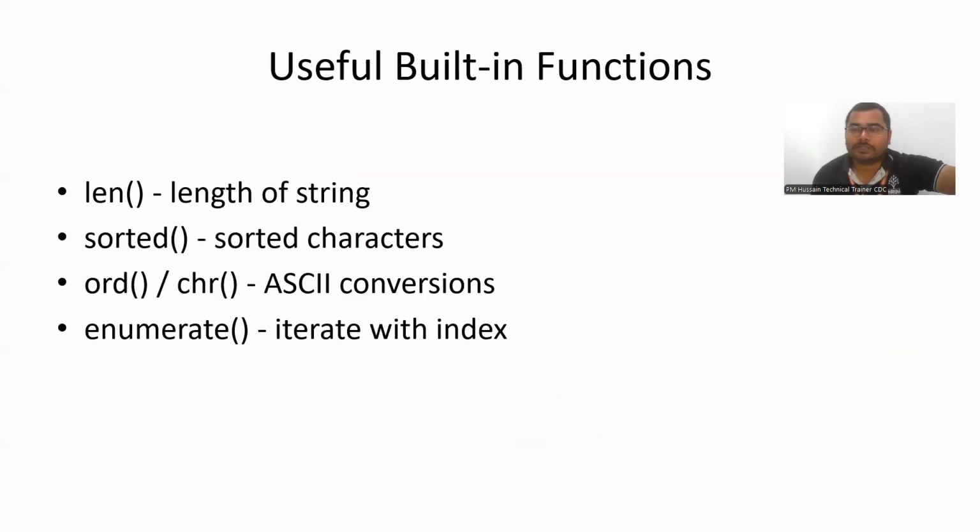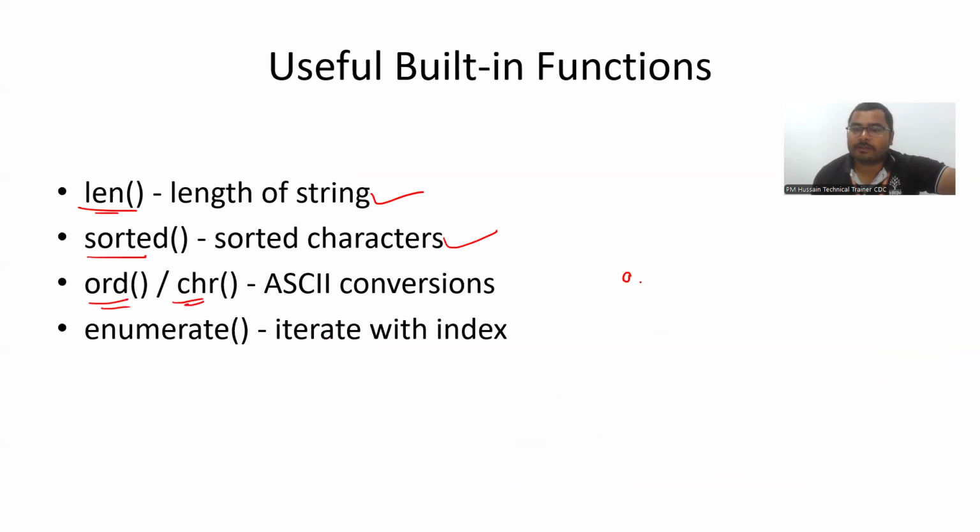In the same way, we have multiple inbuilt functions which work on strings also. Here, len will return you the length of the string. The sorted function will give you sorted characters in the given string. And if you want to convert between ASCII and character, then you can use the methods ord and chr.